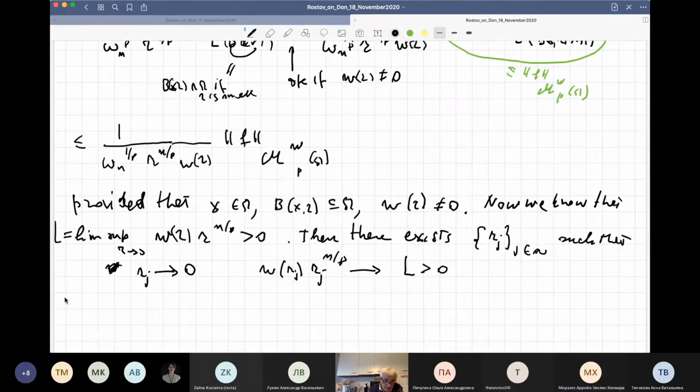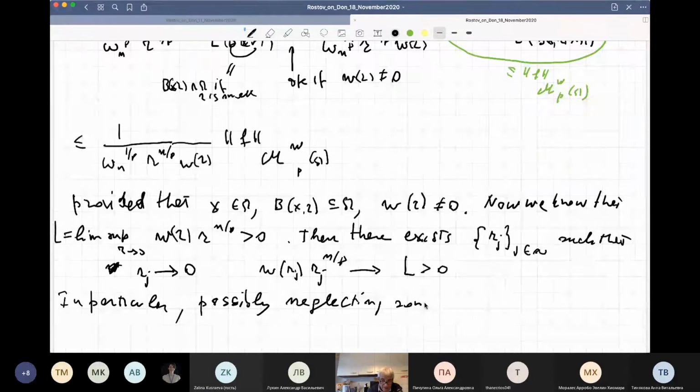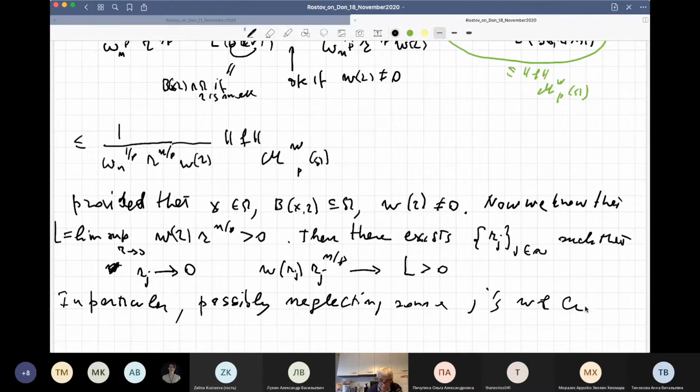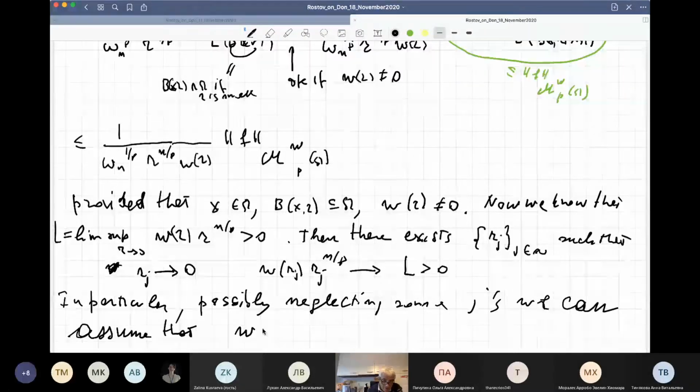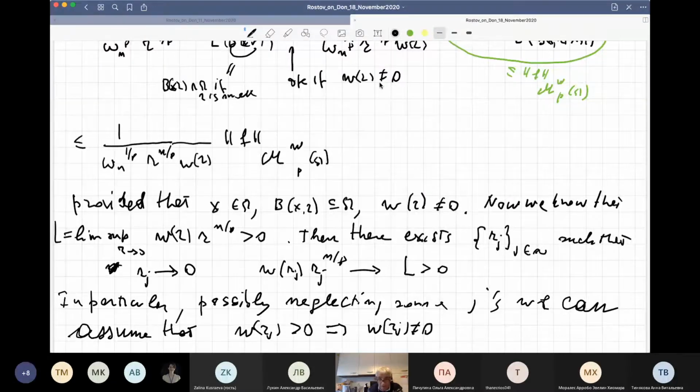So W(r_j) in particular, possibly neglecting some j's, we can assume that W(r_j) is greater than 0, which implies W(r_j) is not 0, because if it is 0, the inequality that we have proved a moment ago is not okay.